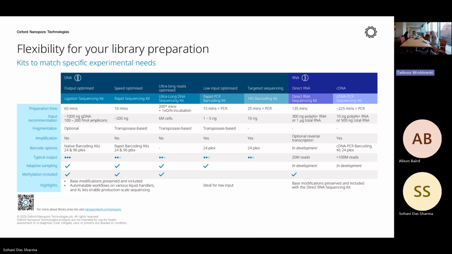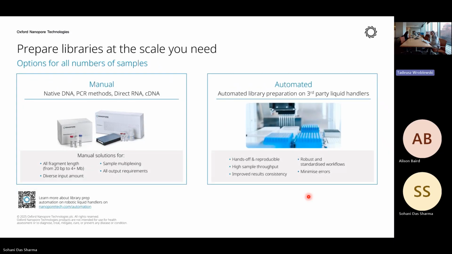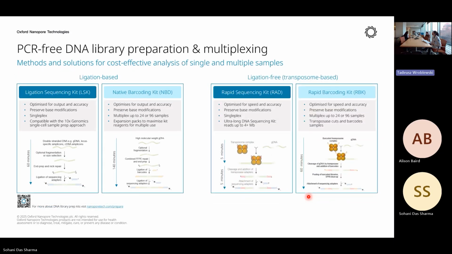So when you say compatible with 10x, that means making libraries with 10x and then loading it onto the P2 Solo? So the cDNA needs to be done using the 10x protocol. Okay. And then you have to do the addition of the motor enzyme for doing it on the Nanopore platform. Okay.